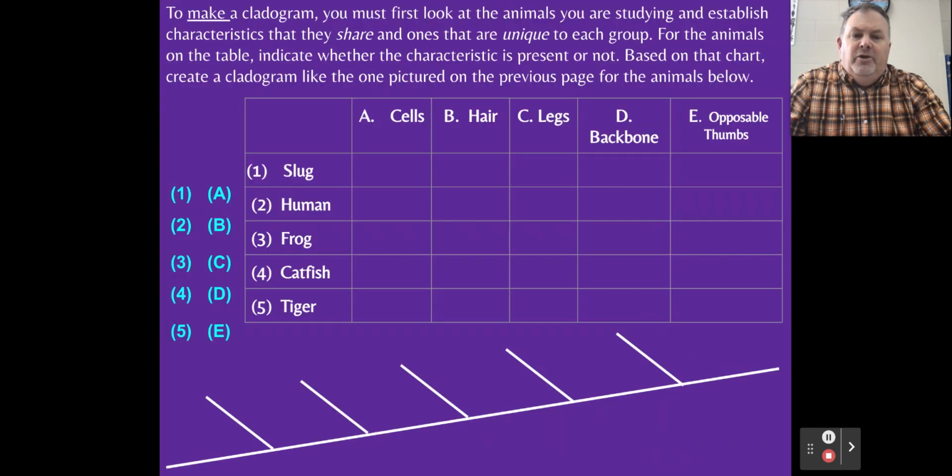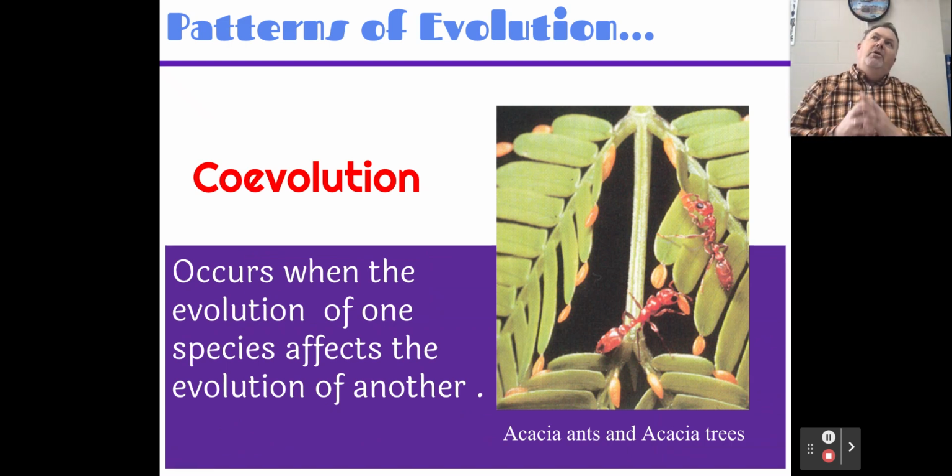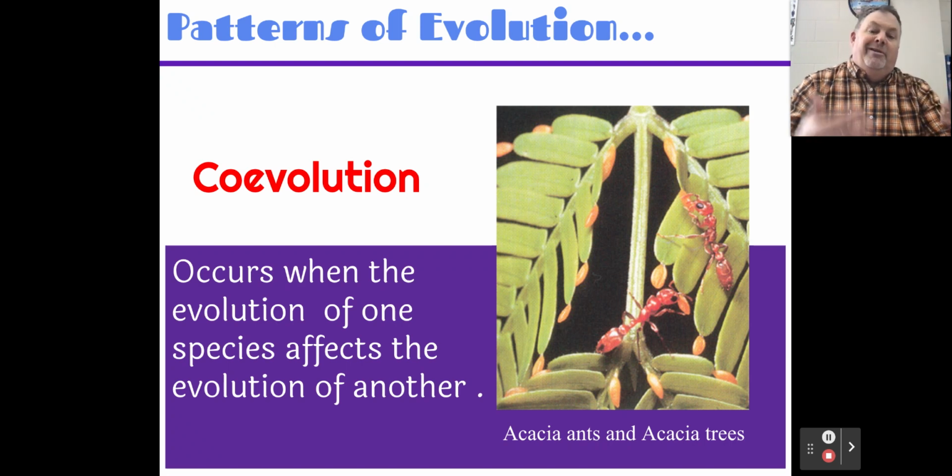I'm going to skip here just a little bit and look at not only some of the evidence of evolution, but also some of the patterns of evolution. One of these patterns is something called coevolution. And this is where one of these species affects the evolution of another. And so they're working, like the name implies, co means together. They're working together.